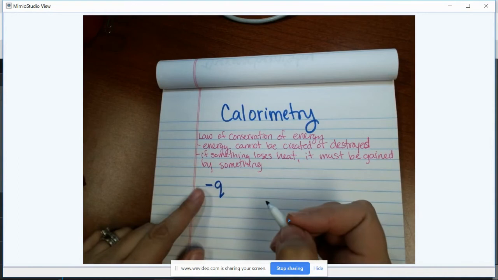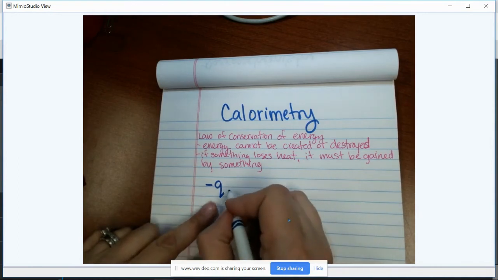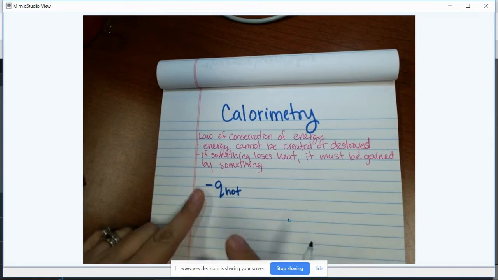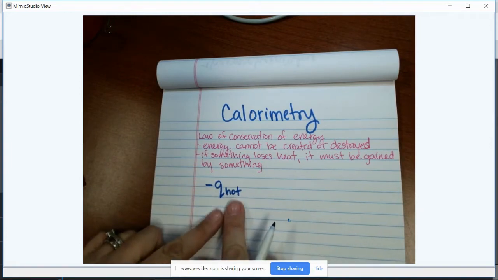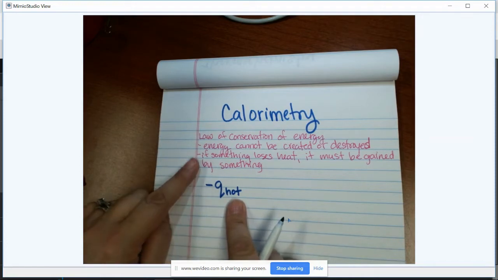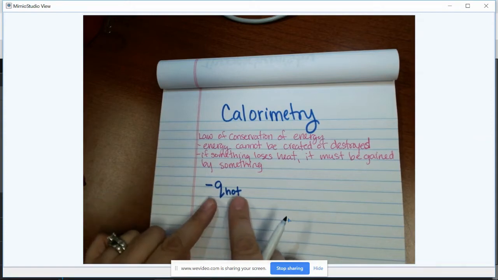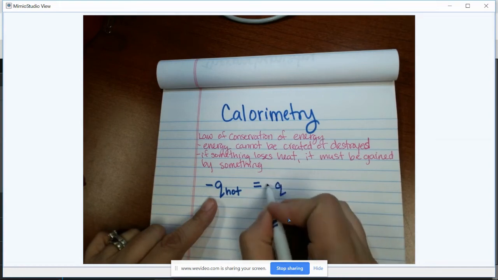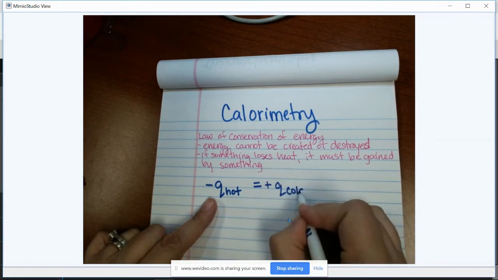We talked a few class periods ago that heat always moves from high to low temperature. So if the hot stuff loses heat because it's transferring it to the cold stuff, we put a negative sign on it. And the law of conservation of energy tells us that if the hot stuff loses a certain amount of heat, then some cold stuff is going to gain that heat.